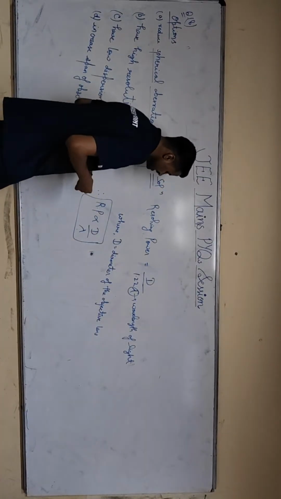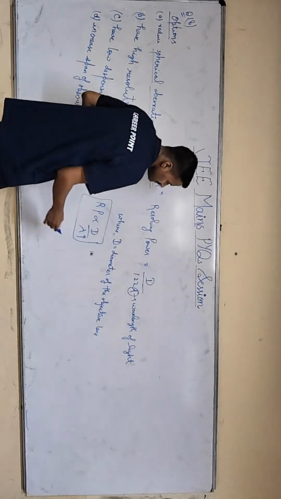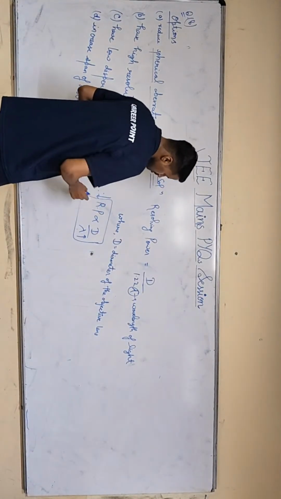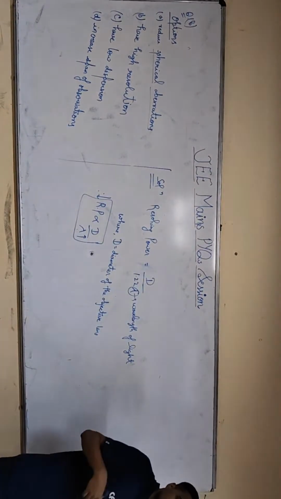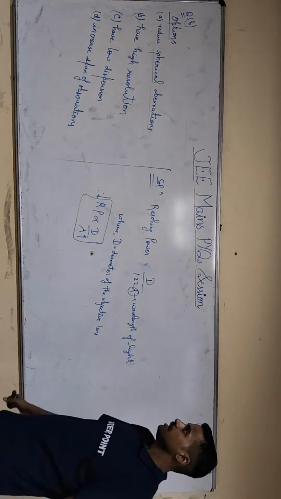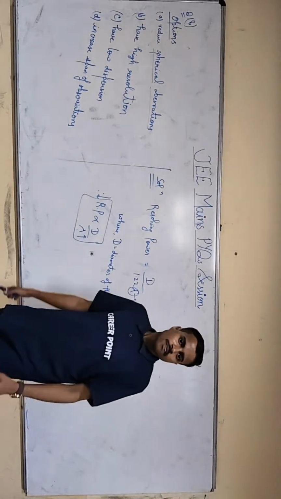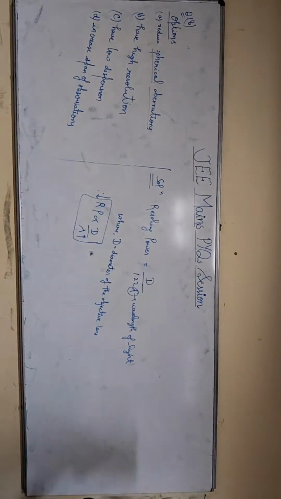As you know very well, if you increase the diameter of the objective lens, you increase the resolving power. So the only reason for a large aperture is to increase the resolution. What the question is asking is why an astronomical telescope has a large aperture.